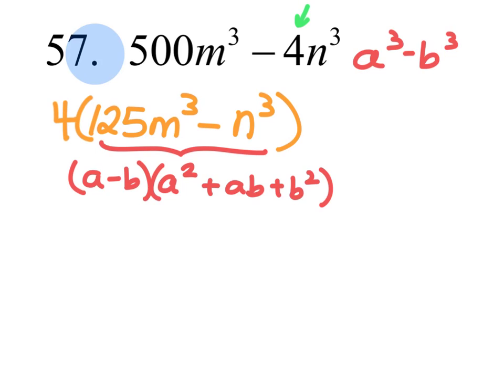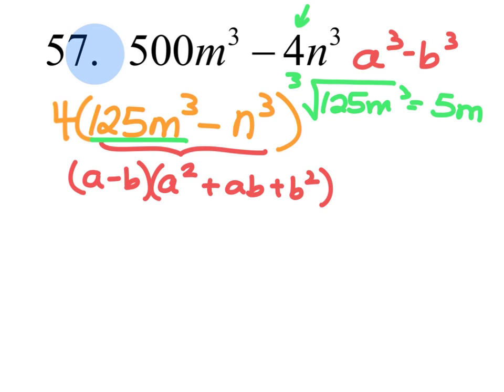So let's figure out my a, figure out my b, and we'll plug and chug. For a, let's take our first term and cube root it. Cube root of 125 is 5. Cube root of m cubed is just m. That's a. And for b, the cube root of n cubed is just n. So that's your b.